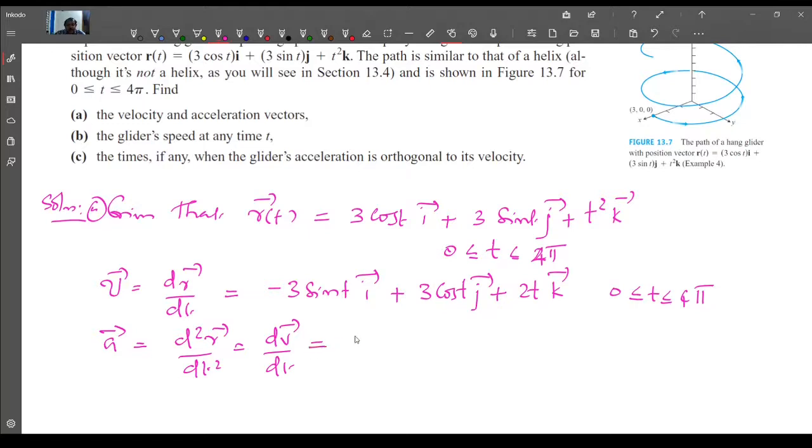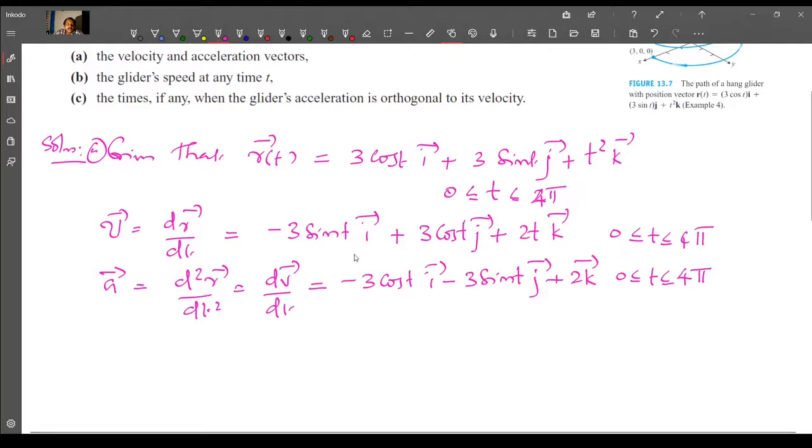So this is equal to minus 3 cos t i minus 3 sin t j plus 2k, where 0 less than or equal to t less than or equal to 4 pi. Acceleration vector a is equal to minus 3 cos t i minus 3 sin t j plus 2k, where 0 less than or equal to t less than or equal to 4 pi.